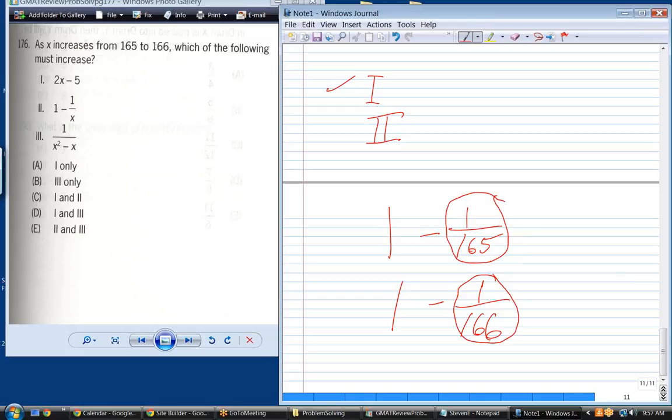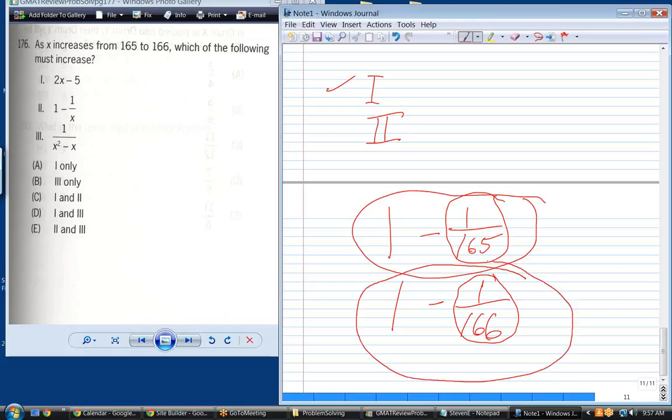Yeah. Okay. So this number here is smaller than this number here. So it is increasing when we go from here to here. In other words, that's true. 1 minus 1 over x does increase as x increases.